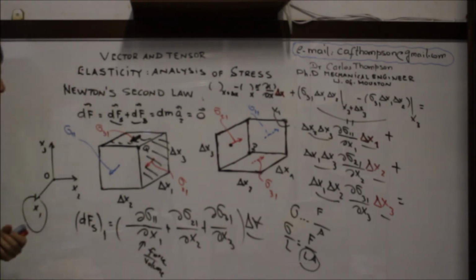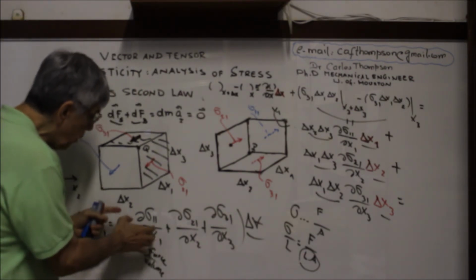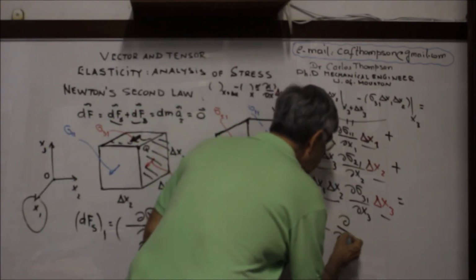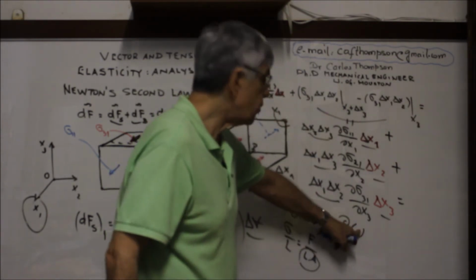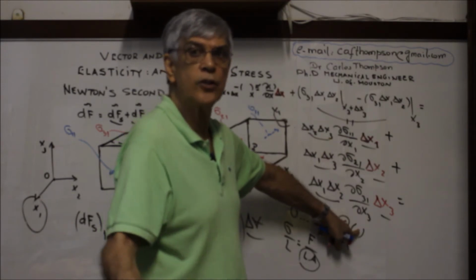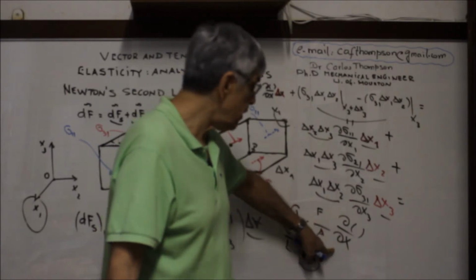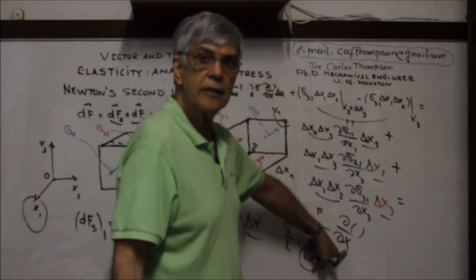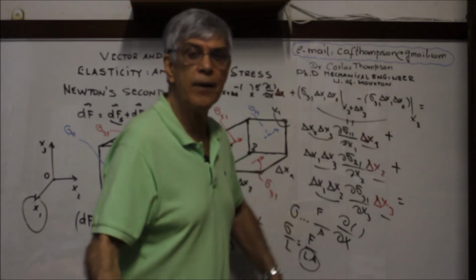Times delta v is force. You see, when you write the partial derivative with respect to x, this is an operator, okay? There is no unit. It's dimensionless. Now, the variation of x, the dimension is the same dimension of x, okay?